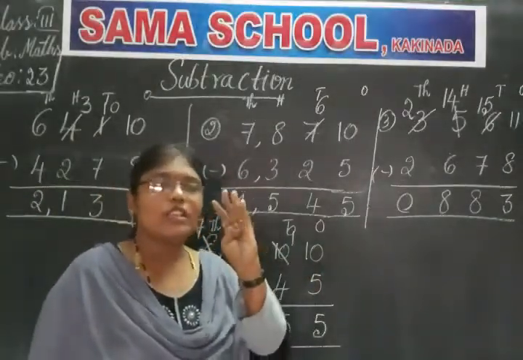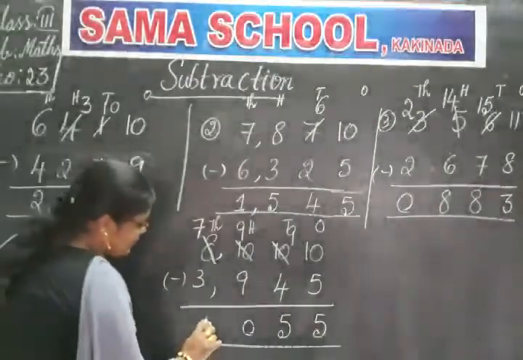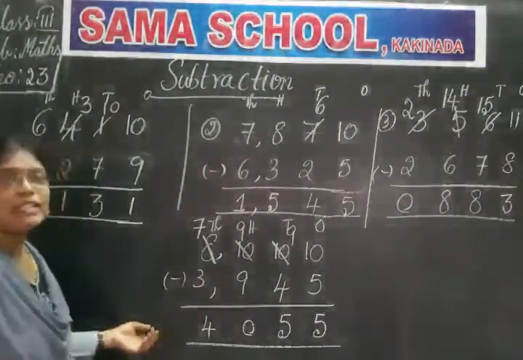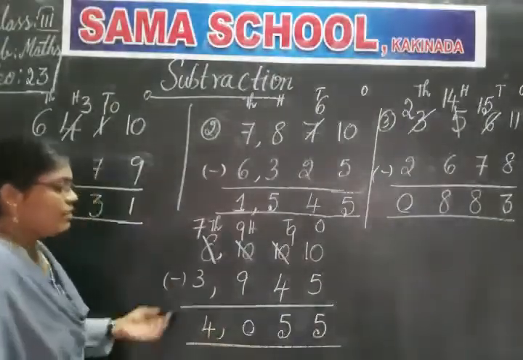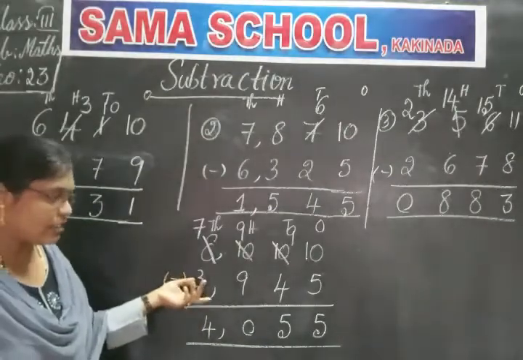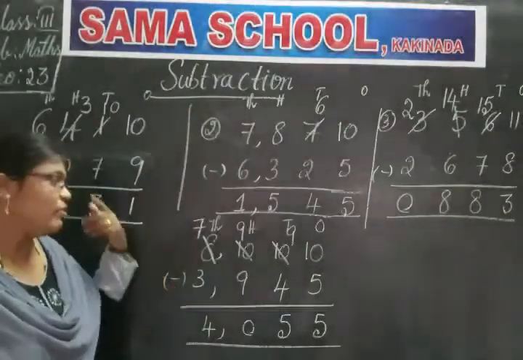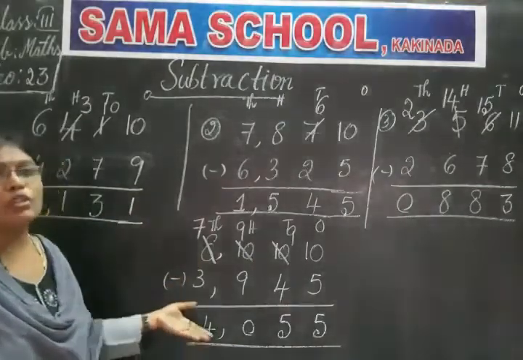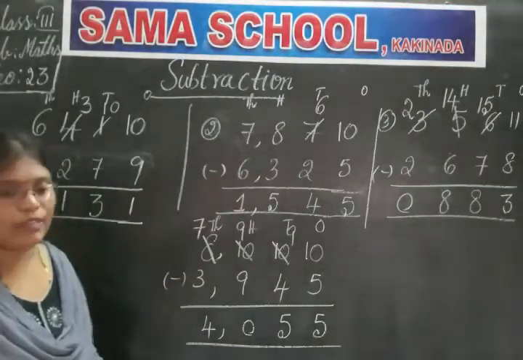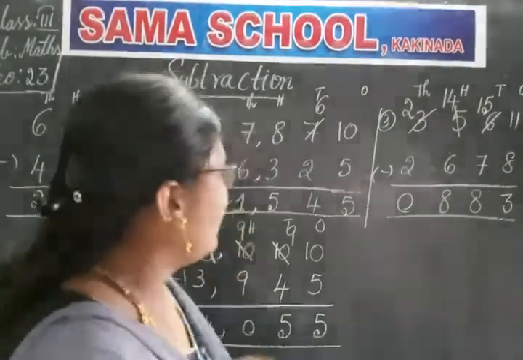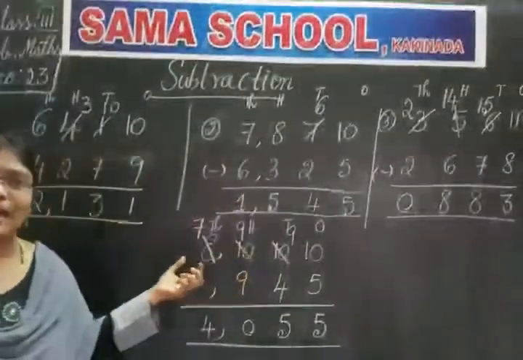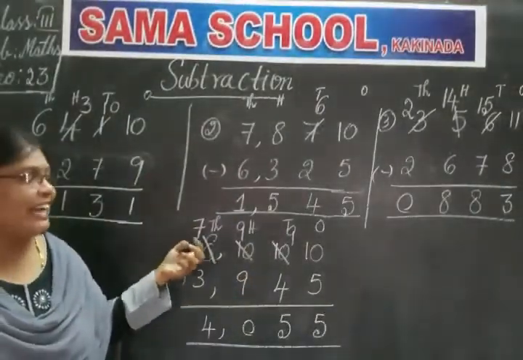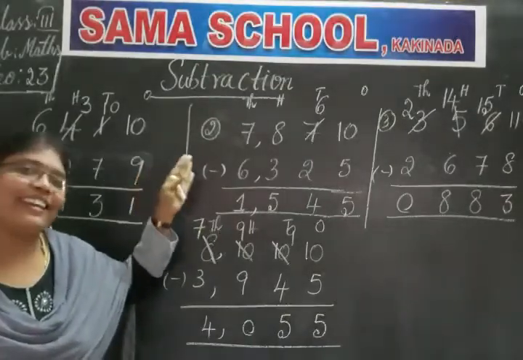How much? 4. So what is the difference? 4,055. When you subtract 3,945 from 8,000, the difference is 4,055.